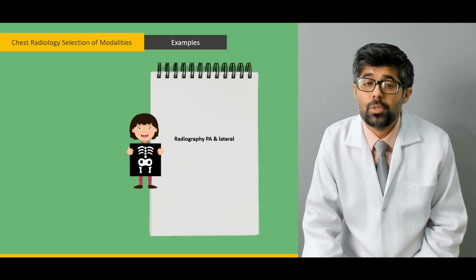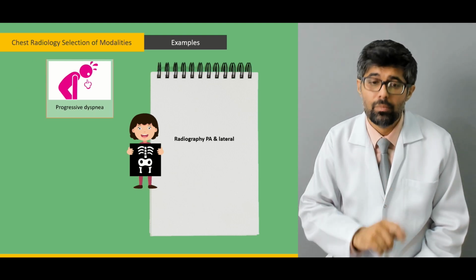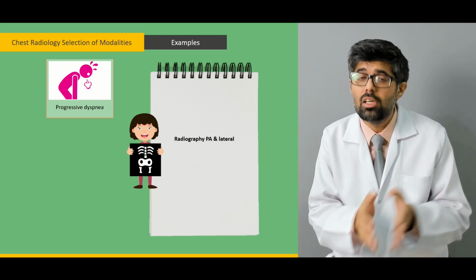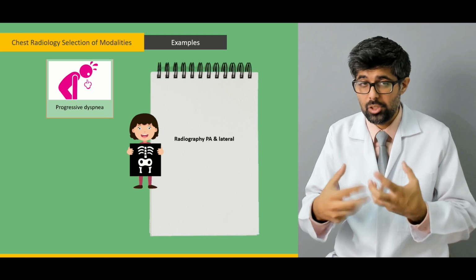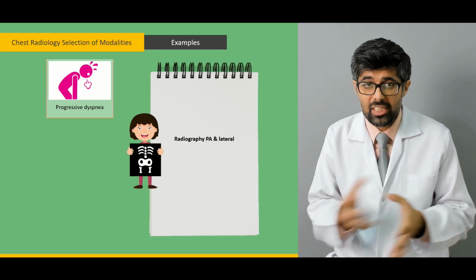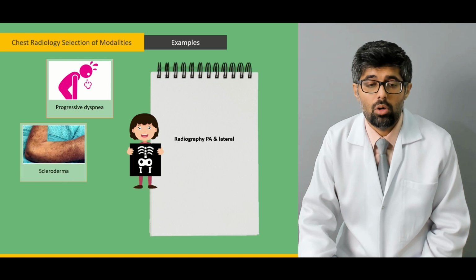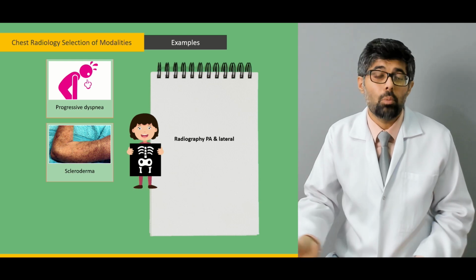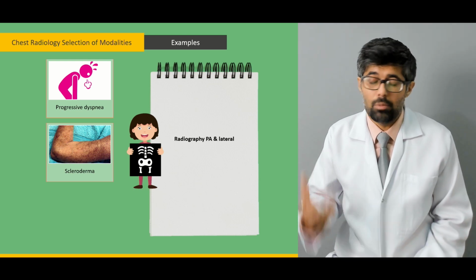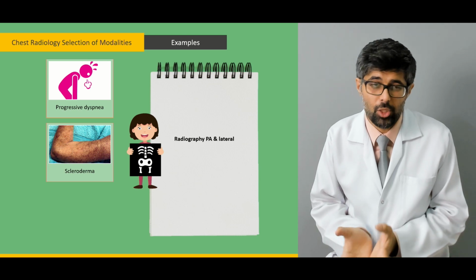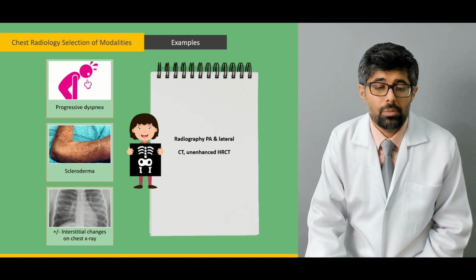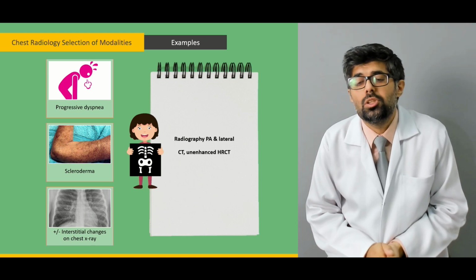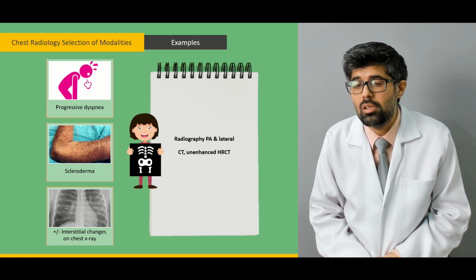But if your patient presents with progressive dyspnea, that is either with exercise or with time, the dyspnea or the difficulty in breathing exacerbates this, or if the patient presents with scleroderma or there's some kind of problem with the skin, either pustules, papules, or there's some kind of rash, or the patient presents with some interstitial changes on the chest x-ray, then we go for the CT scan instead of the conventional x-ray.